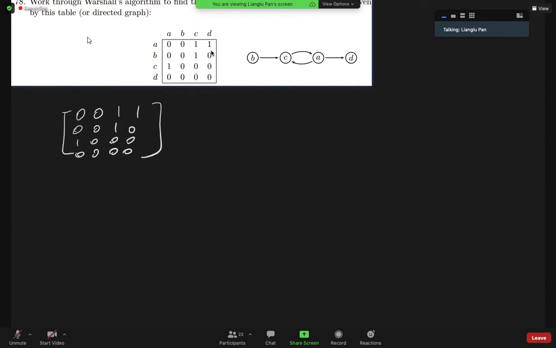In the first round, we are trying to check if it's possible that we can go from any node I, then to A, then to J, where J is also any node. So in the first round, we're using node A as a stepping stone to see if we can go from I to A to J. If so, we're going to update I to J as 1.